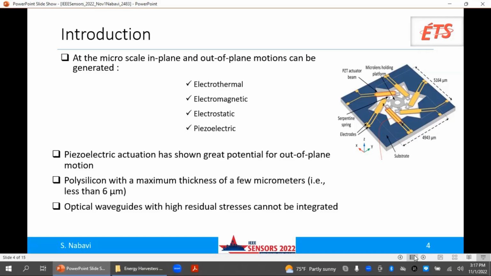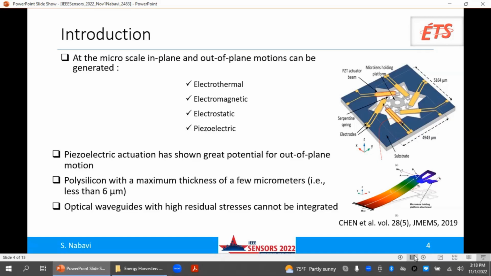So, for example, in this case, we have polysilicon as a device layer. On top of that, we have a PZT, and once we apply the voltage, we have a deformation out of plane. But once we talk about optical waveguides, they have a high residual stress.